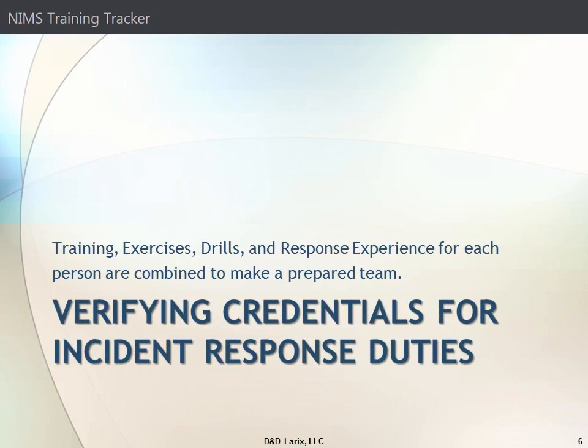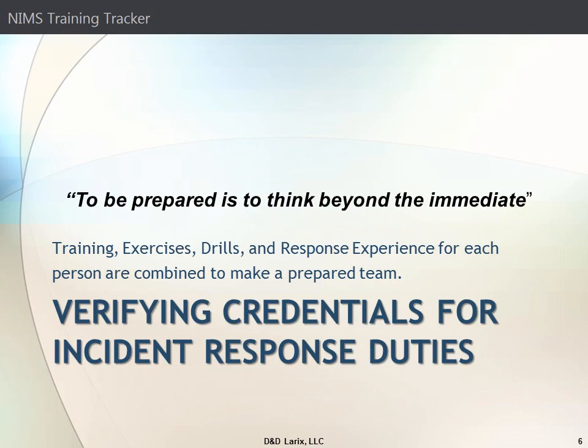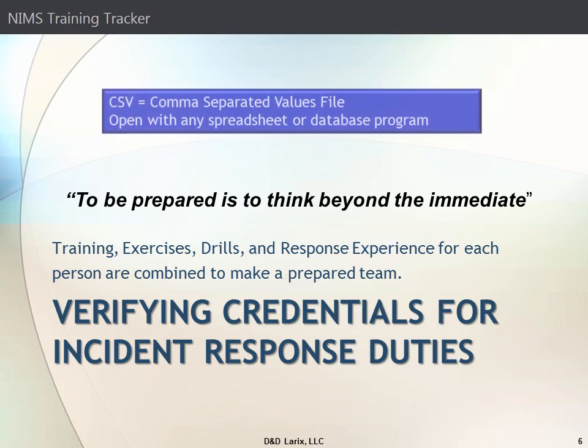One of the strongest tools of the NIMS Training Tracker program is its ability to assemble training credentials for jurisdiction people with only a few keystrokes and clicks of the mouse. We will look at how the program assembles CSV files for coordinators as requested.